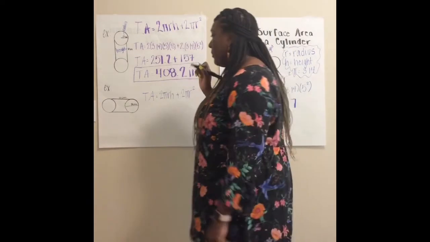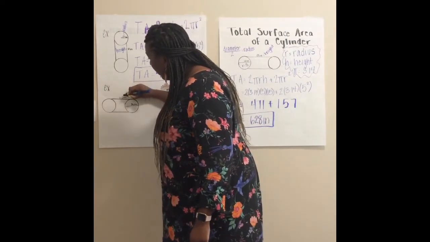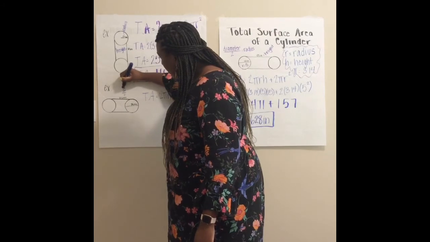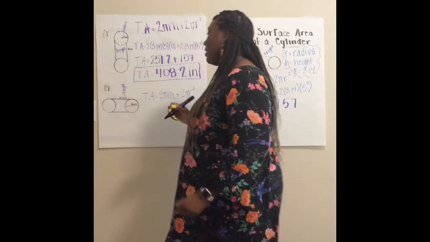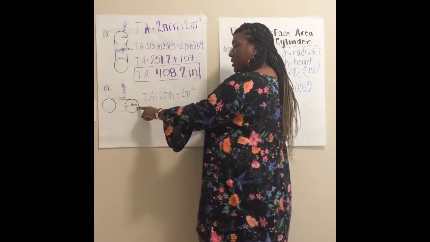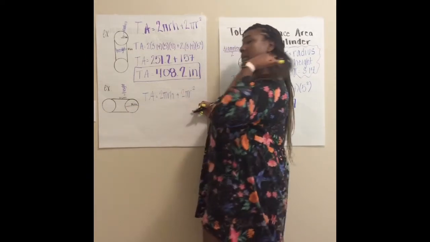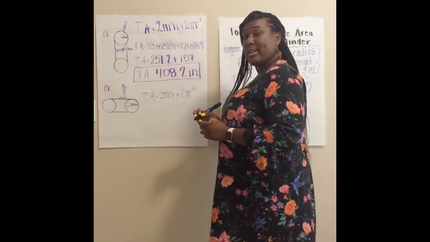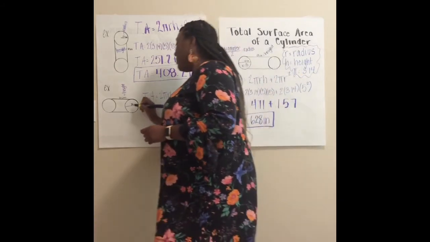Secondly, we're going to label what they gave us. So we have 6 is our what? Height. This 8, okay? Now, our line goes from endpoint to endpoint. Is that radius or diameter? That is diameter.